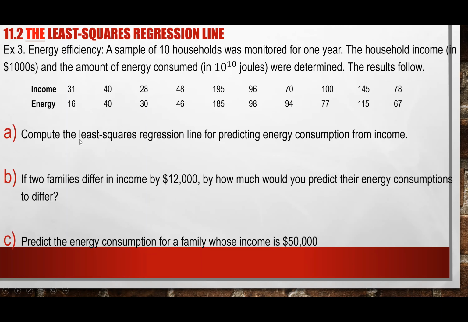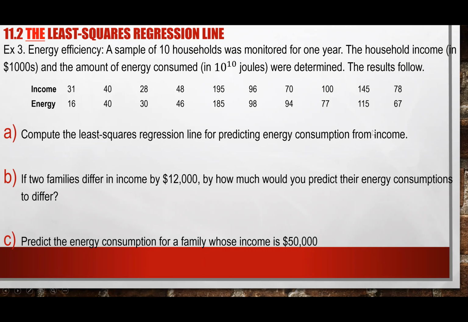So looking at this, as you look at A, B, and C, you can see that it's very similar to the previous problem, in the sense that they ask you for the predicted line or equation. Compute the least squares regression line for predicting the energy consumed from the income.